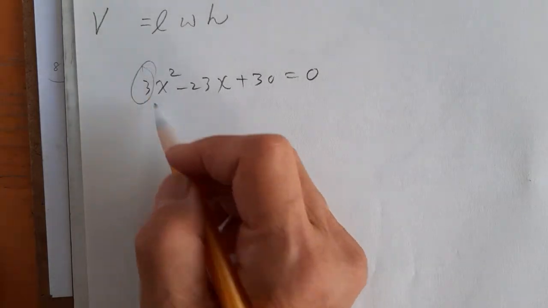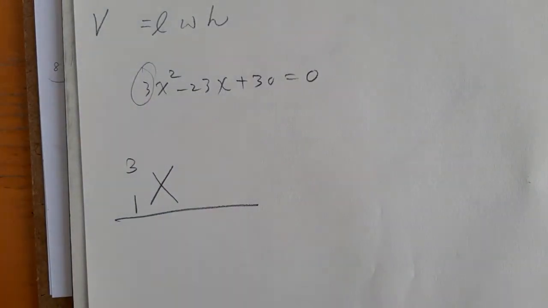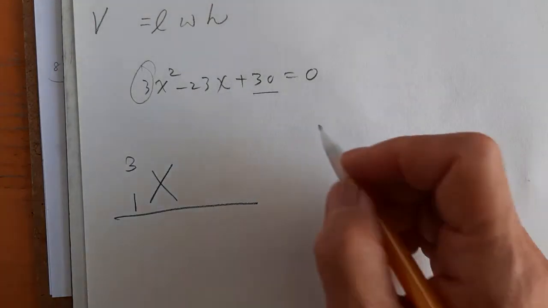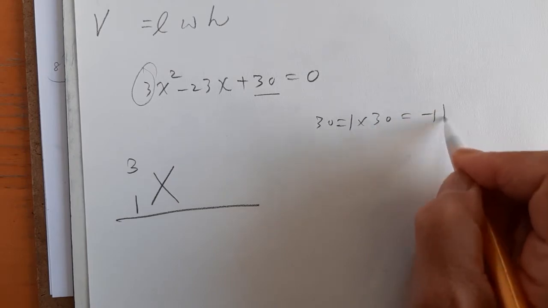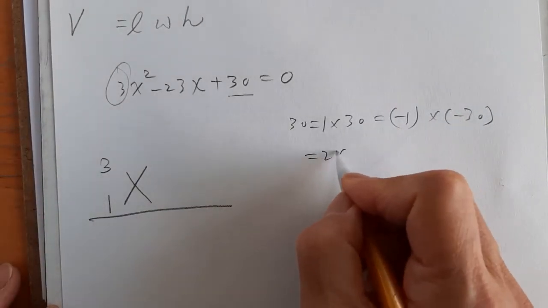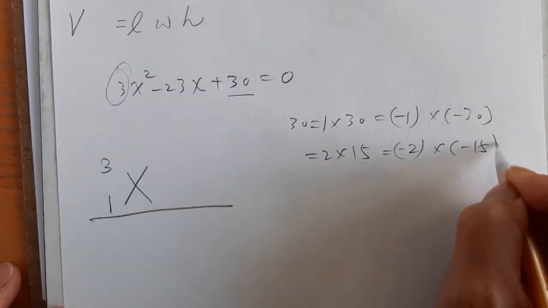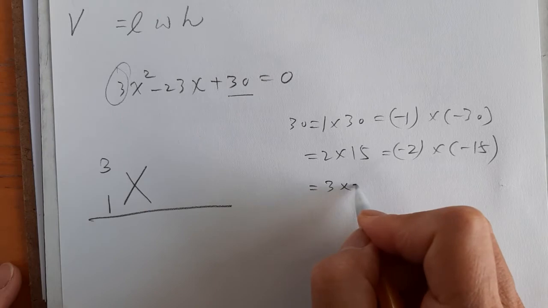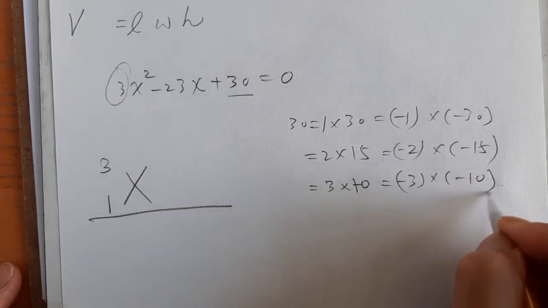First of all, 3, you can put 3 times 1 in the first column. And for 30, you can try many: 1 times 30, or -1 times -30, or 2 times 15, or -2 times -15, or next 3 times 10, or -3 times -10.